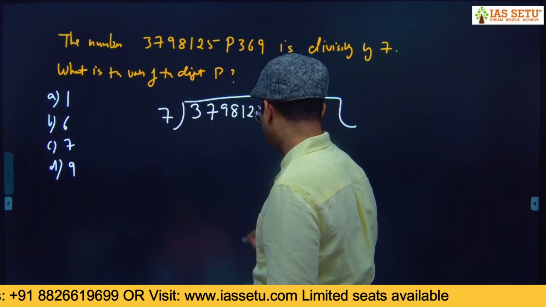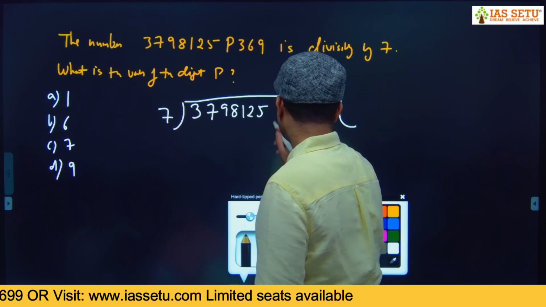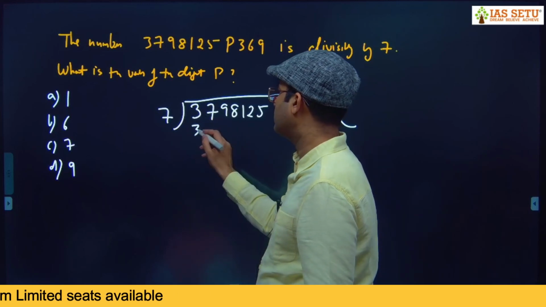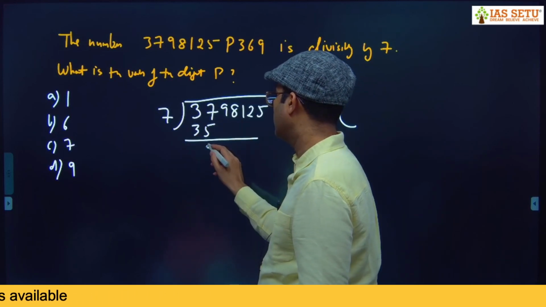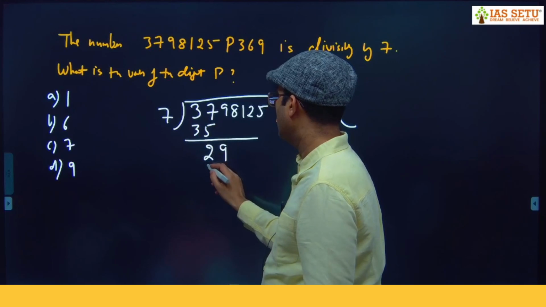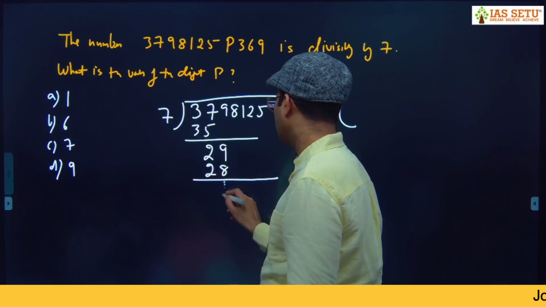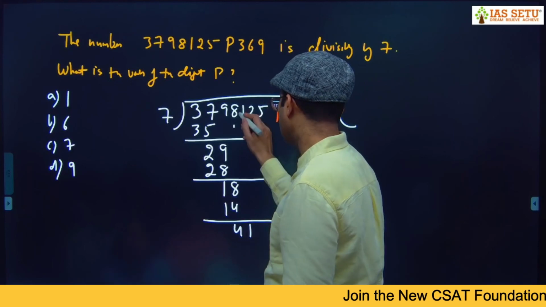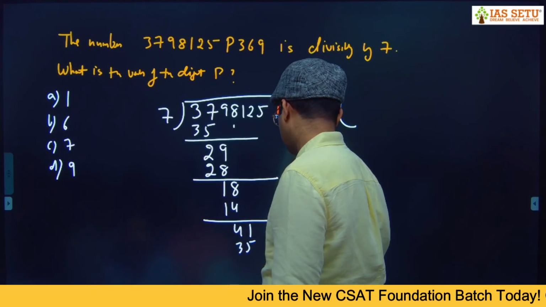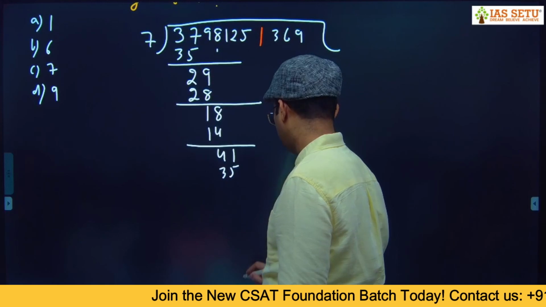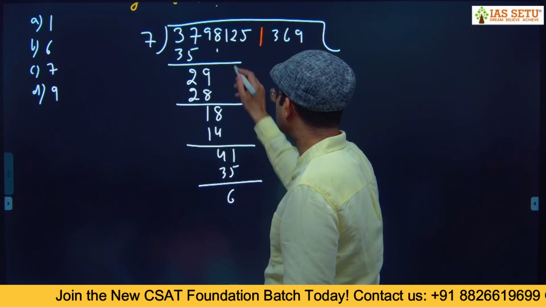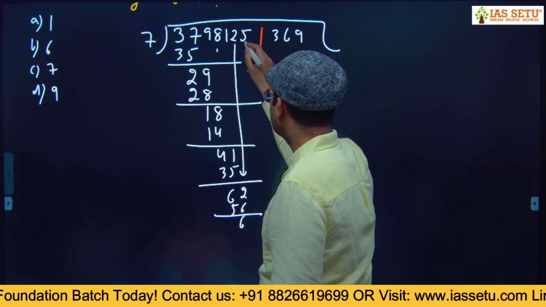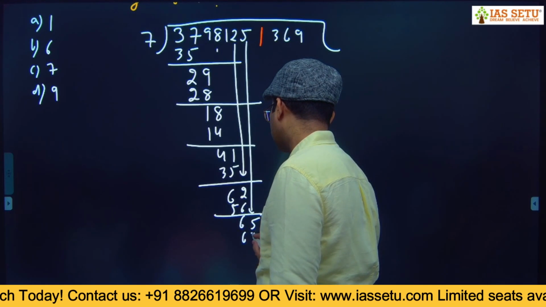P की जगह पहले 1 पुट करता हूँ. 7 5s are 35, 2, 9, 28, 1, 8, 14, 4, 1, 35, 6, 2, 56, 6, 5, 60.